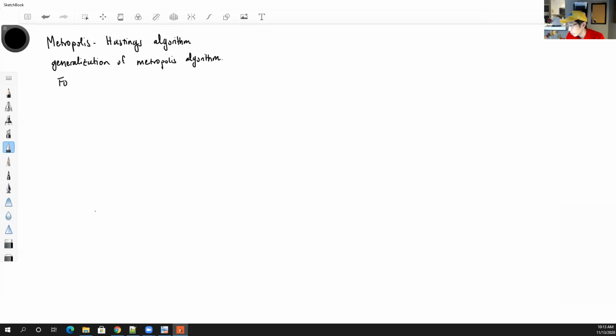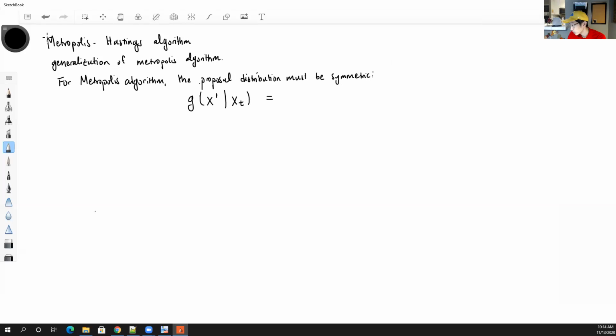Okay, that is to say that if you're currently located at x of t, the probability of proposing x prime is going to be the same value as proposing xt if you're located at x prime.